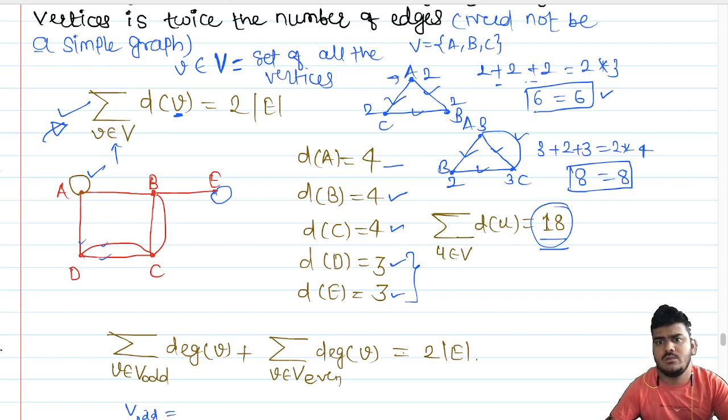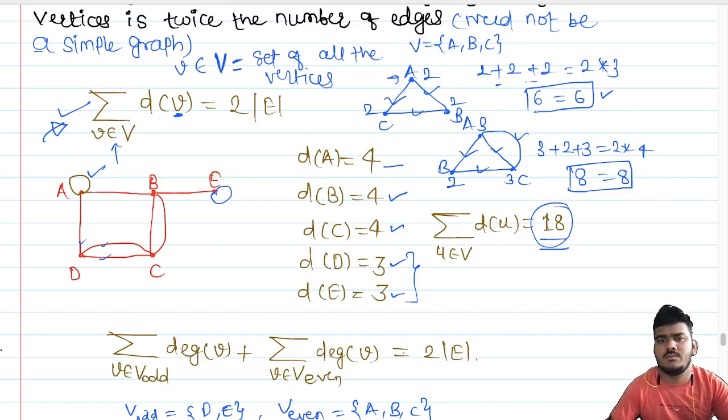In V odd we get D comma E. In V even there are three remaining vertices, that is A, B, C. And always remember that the number of odd degree vertices is always even.